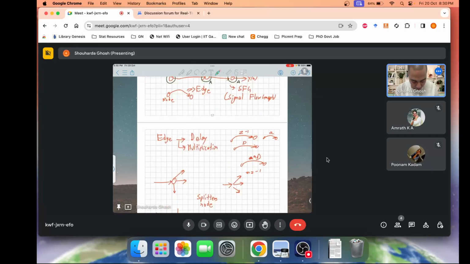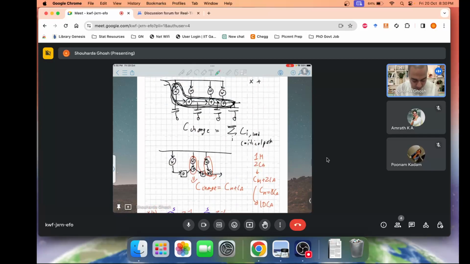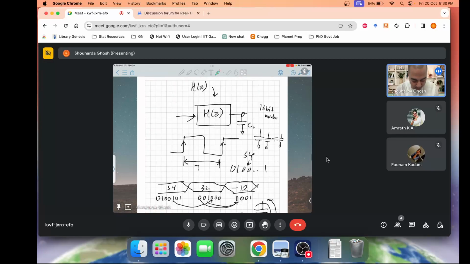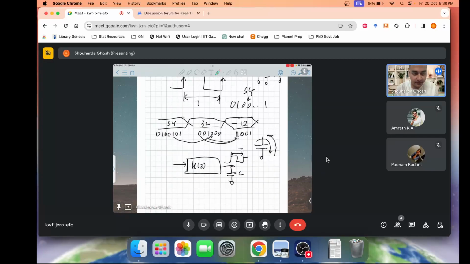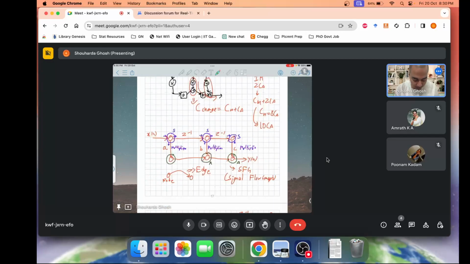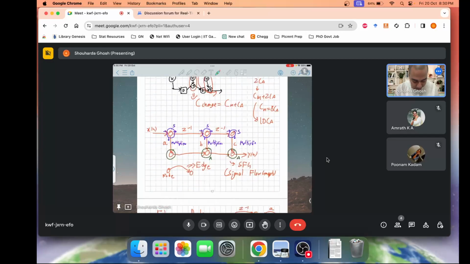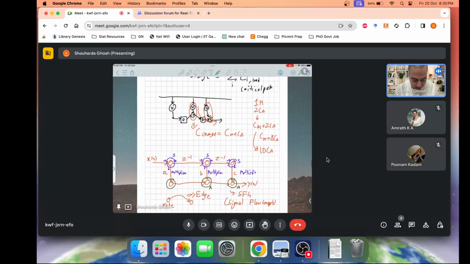Over here there was some concept of parallel processing and pipelining. When you solve the time equations for parallel processing and pipelining, you might have to calculate the charging capacitance.